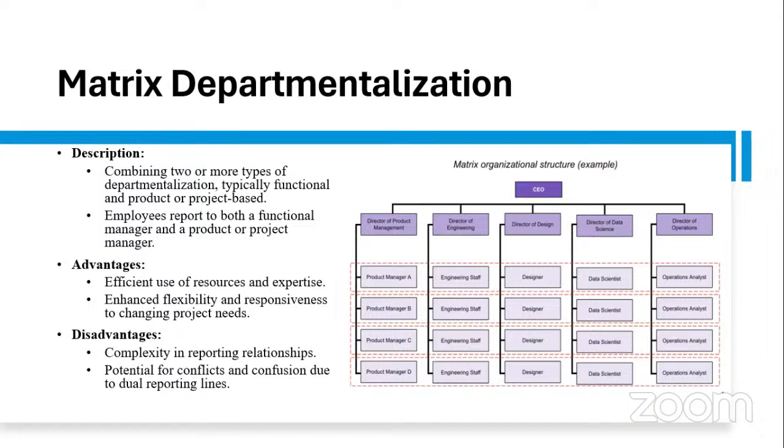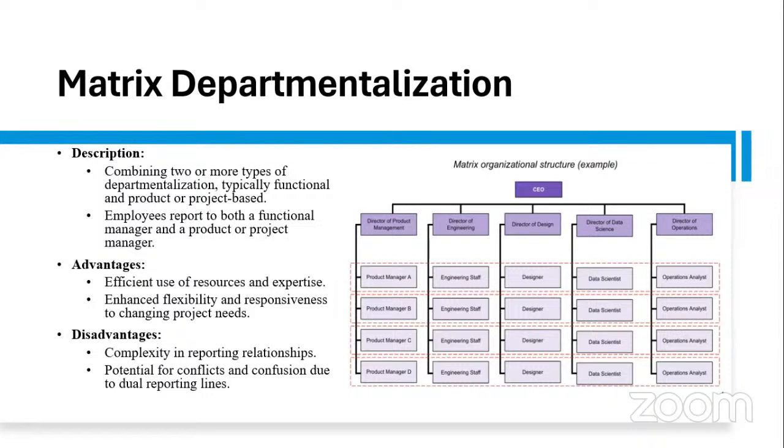For instance, you have the director of product management, you have the different products that is managing, and then you have the interplay between that particular department and the other functional departments with their staff, how they play their own role. So for product A, you will need staff from director of engineering, from director of design, from director of data science, and from director of operations. Product B, the same thing, C, the same thing, D, the same thing.